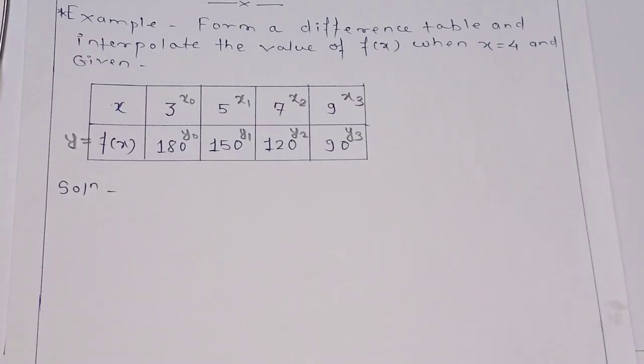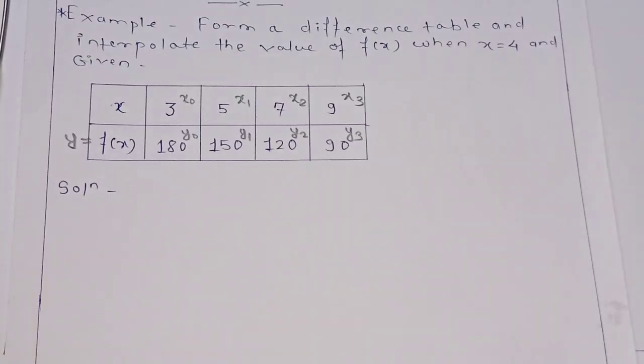And y ranges from y0 equal to 180, y1 equal to 150, y2 equal to 120 and y3 equal to 90. Hence, since the interval is equal, we are going to use Newton forward interpolation. The value to be interpolated lies at the forward of the x values, hence the Newton forward interpolation method is used here.